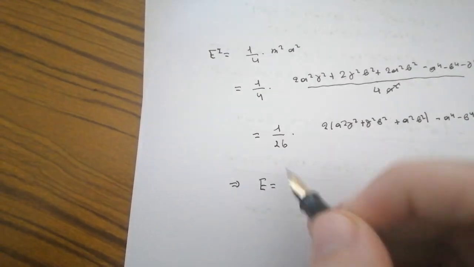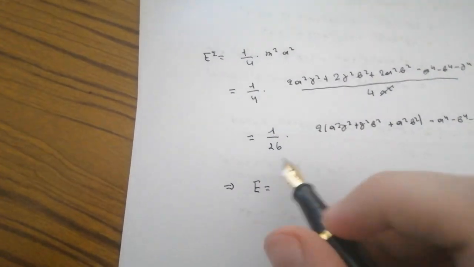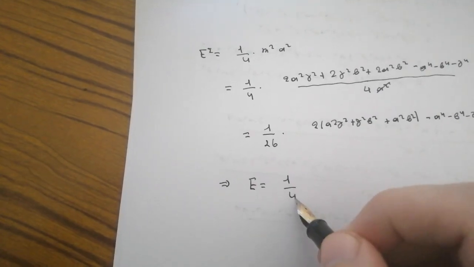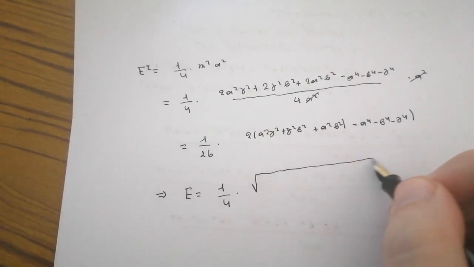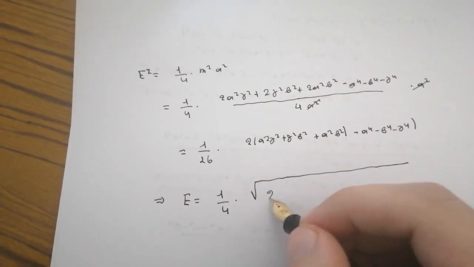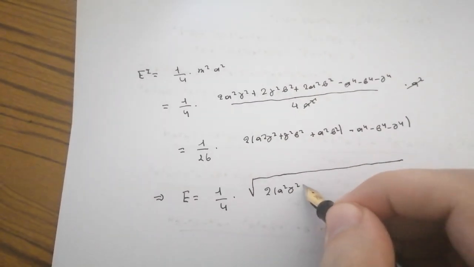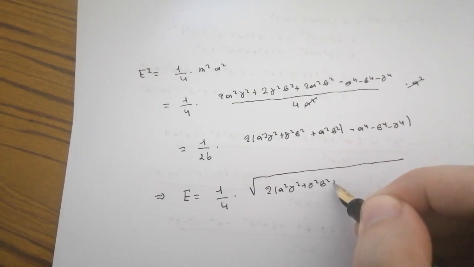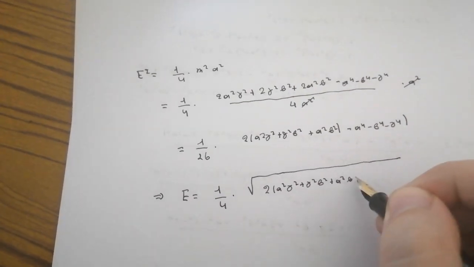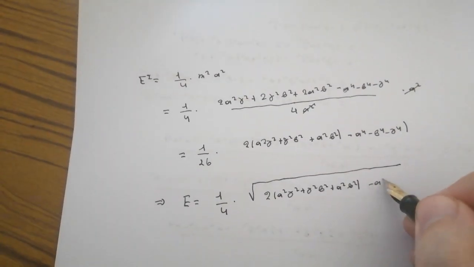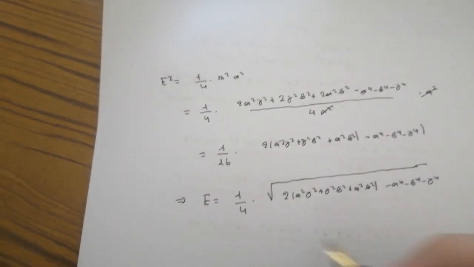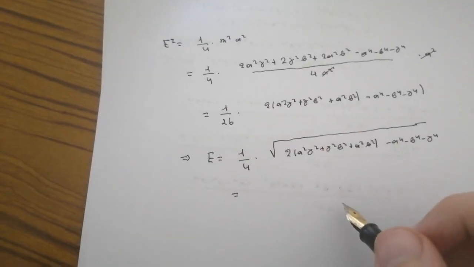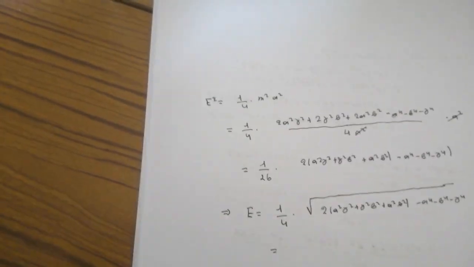So we take the square root of this quantity, so it's 1 over 4 times the square root of 2 times a squared gamma squared plus gamma squared beta squared plus alpha squared beta squared minus a to the power of 4 minus beta to the power of 4 minus gamma to the power of 4. How can we write this expression?